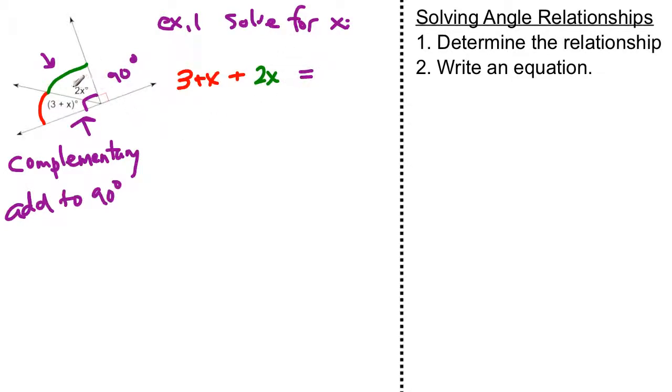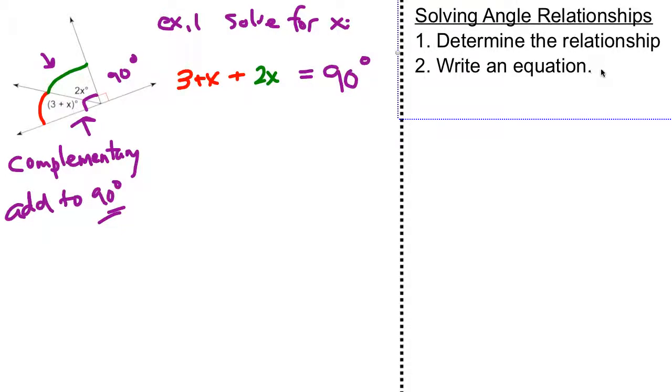When you go the green plus the red, they equal 90 degrees. So that's the equation that we have.